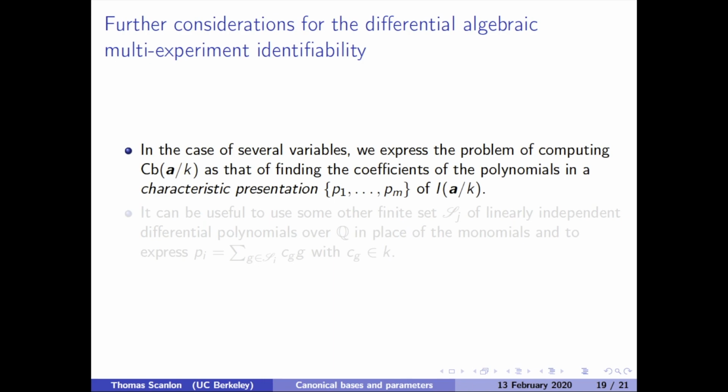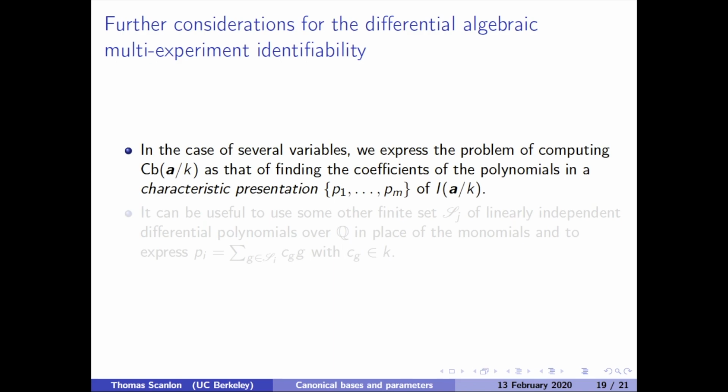What else might you see in the multivariable case when you're doing computations? There's more you have to do because there are more polynomials you have to compute. There you'd have to think about this more technical notion of the characteristic set presentation, which I'm not telling you precisely what the definition is, but it's not that complicated.